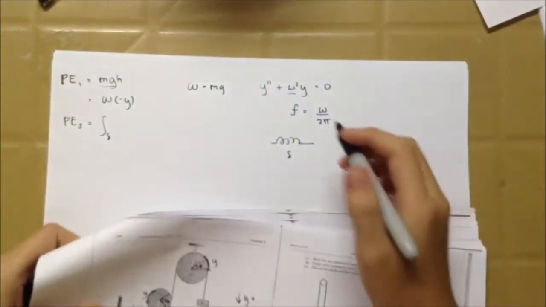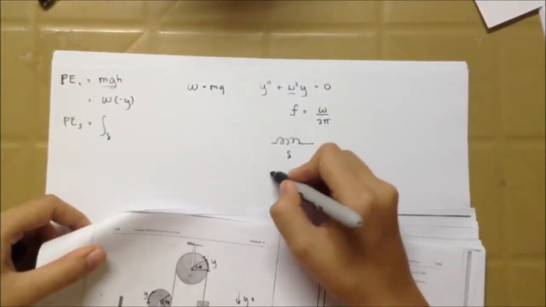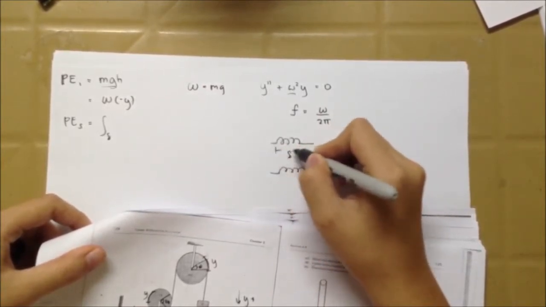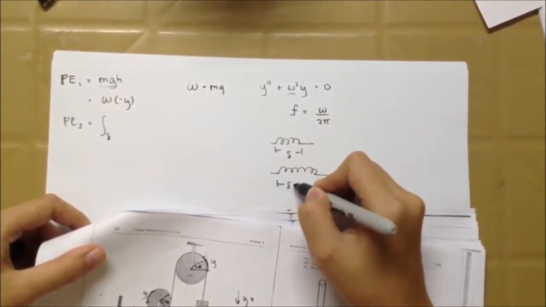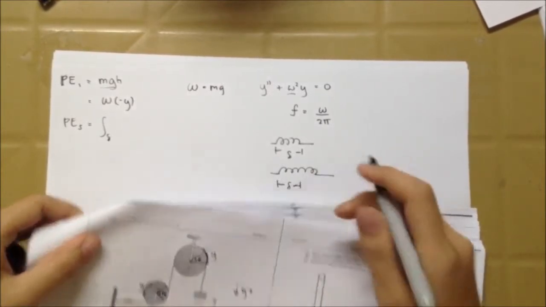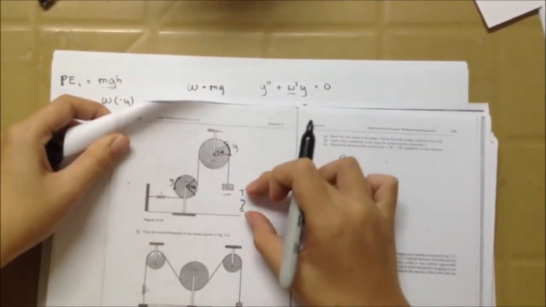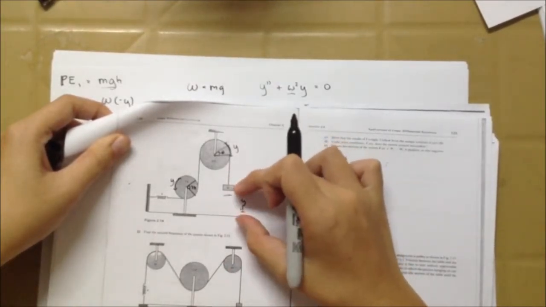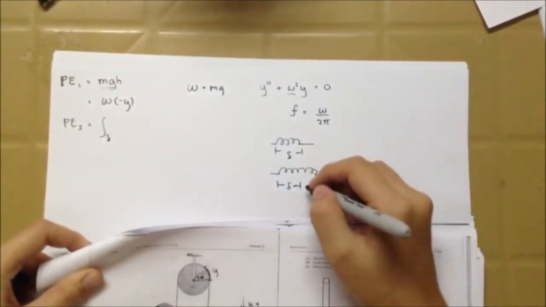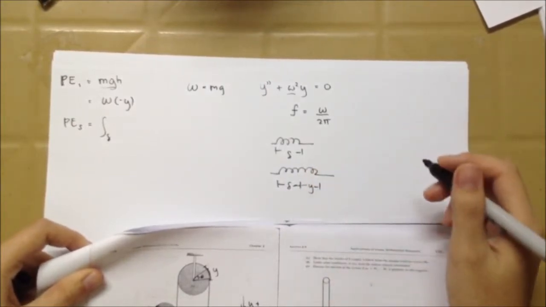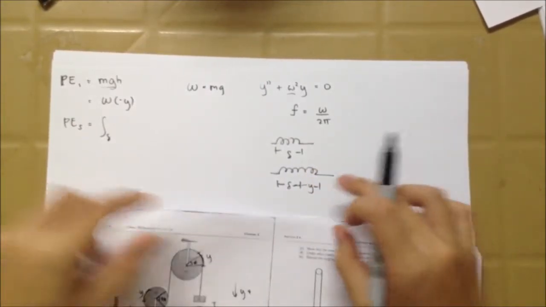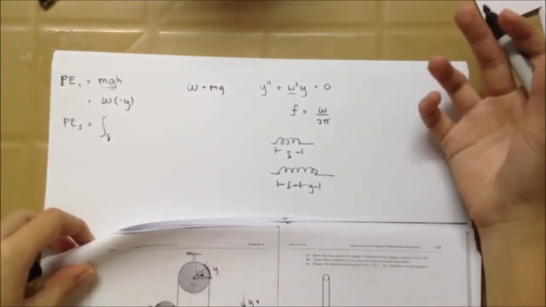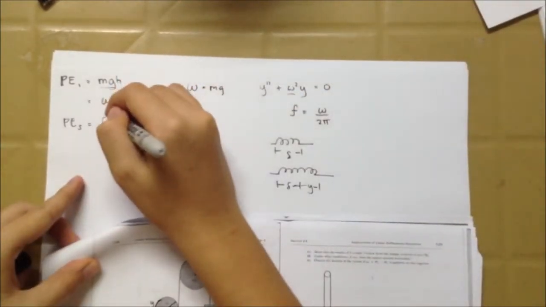So from its equilibrium position, the spring will now stretch. If this is delta, the spring will now stretch delta plus the length traveled by the weight here, which is y. So the instantaneous length of your spring is just delta plus y.